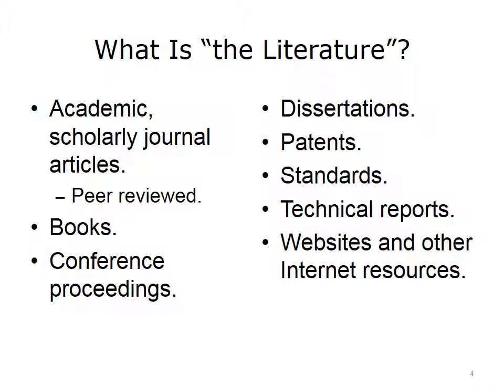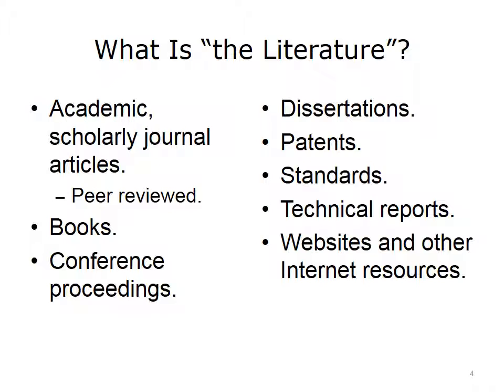What is, quote, the literature, end quote, that you're actually looking at? This can include a wide array of sources, including websites, etc. The gold standard in many literature reviews being conducted for academic purposes is the peer-reviewed scholarly article. These articles come out of journals where you have editors, referees, and they're generally what we call double-blinded.